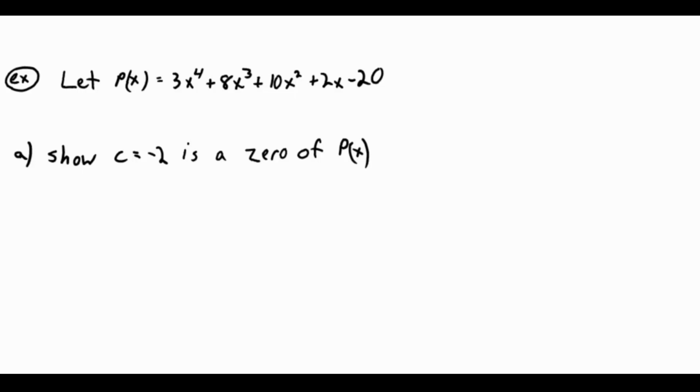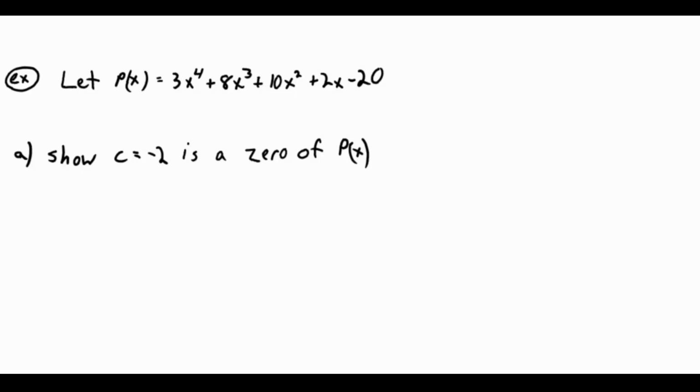We could take p of negative 2 and get 0, right? But if you combine the things we've learned in this section, there's a quicker way. Couldn't we use synthetic division on this? Yeah. And if the remainder is 0, we know from the remainder theorem that that is p of negative 2.